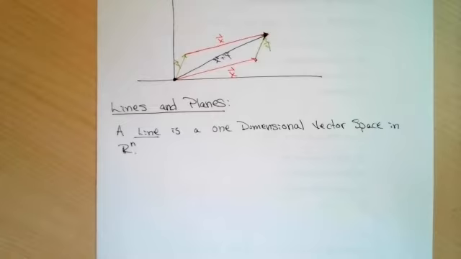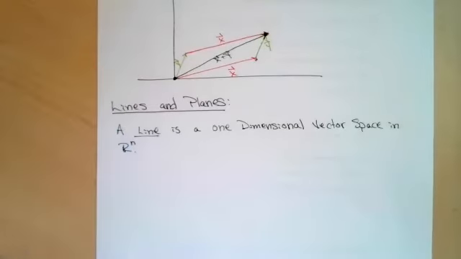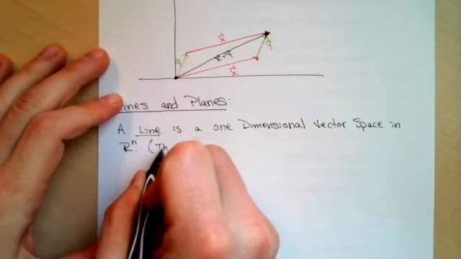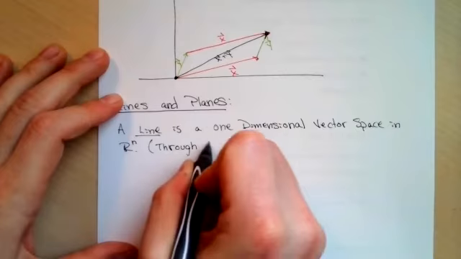These definitions are going to be a little bit different, and I'm going to use some slightly different words than what you're used to. Don't worry, though, we're not going to get too theoretic with it. So when I say a one-dimensional vector space, remember from Friday that a vector space always contains the origin.